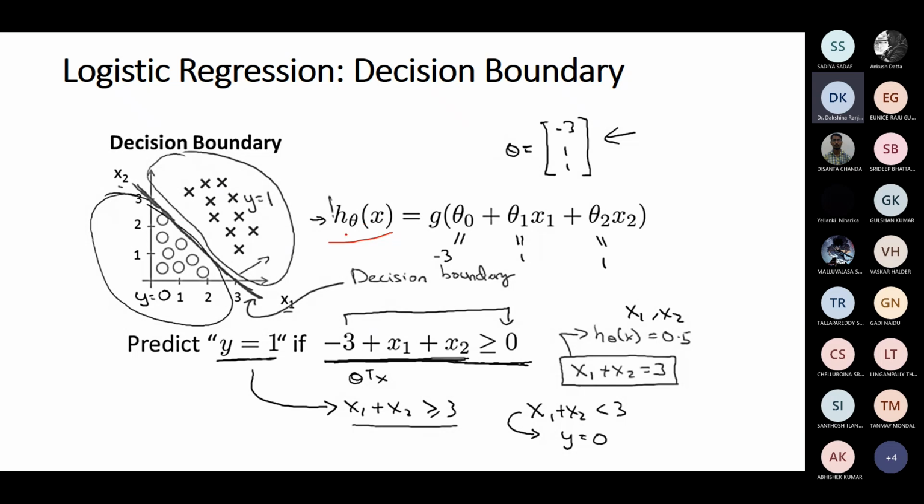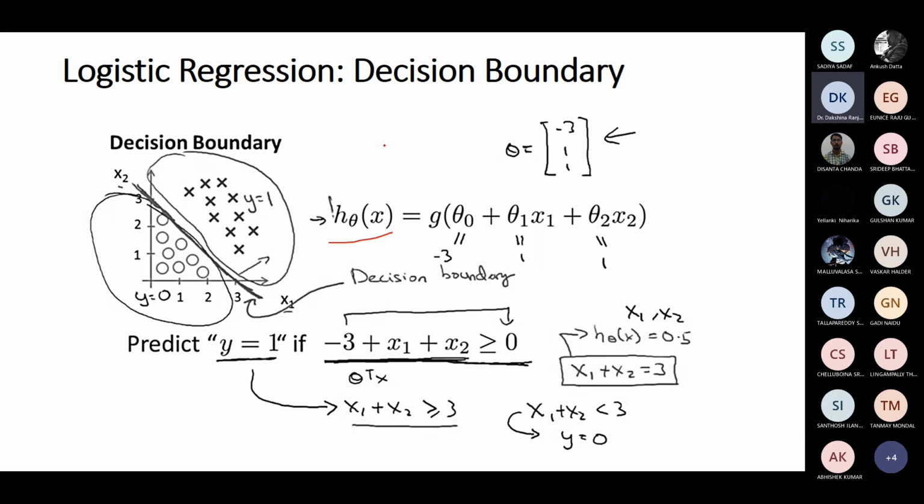And we can get the hypothesis h theta x equals g of theta 0 plus theta 1 x1 plus theta 2 x2. So this is the hypothesis equation. If we remember the equation of the straight line y equals mx plus c, similar to that straight line equation, here we get the hypothesis equation.